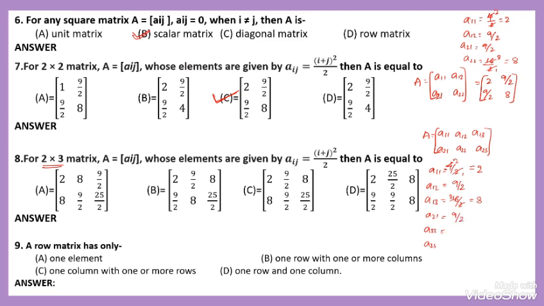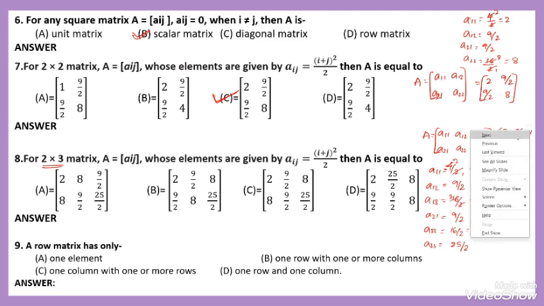For 2 2, that is again 16 by 2, we get 8. 2 3: 2 plus 3, that is 5. 5 square is 25 by 2. All the values taken here in matrix form, that is 2, 9 by 2, 8, 8.